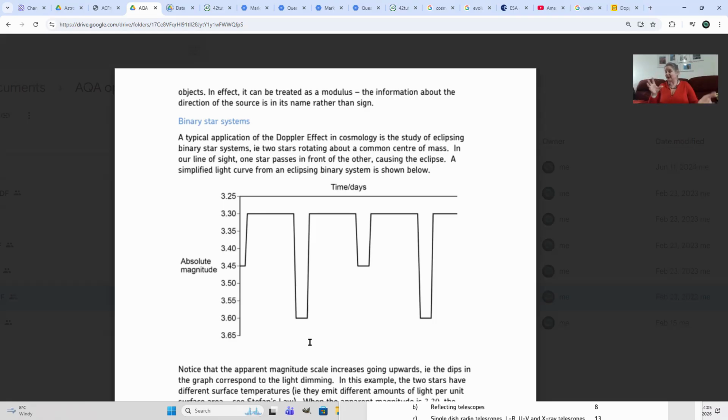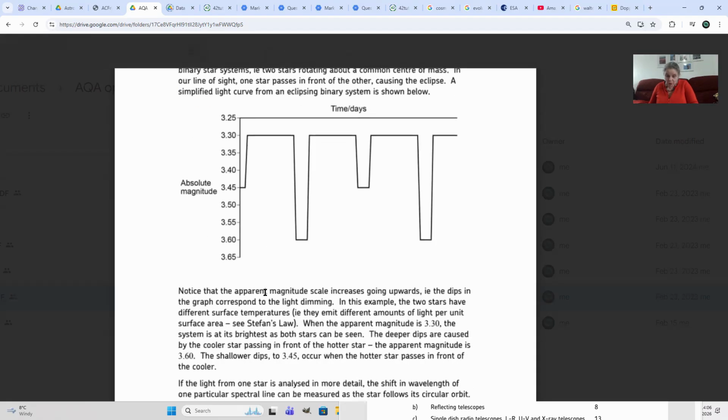So apparently the star becomes dimmer, and then it comes out brighter again because you've now got 2 stars. Can you see the brighter star in front gives you slightly less of a dip, and the dimmer star in front gives you a bigger dip. So you can see the absolute magnitude goes through a square wave. This is an eclipsing binary, okay?